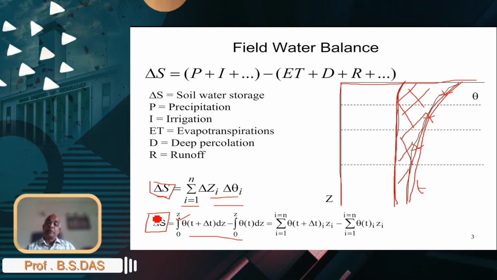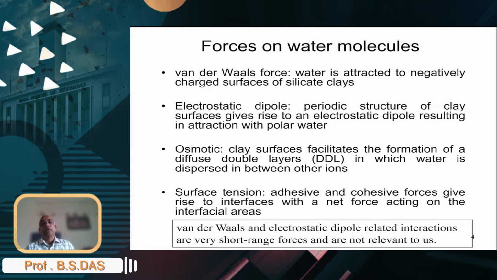That means there must be some kind of an attractive force between the water and the soil, so that soil is able to really hold the water, and gravity almost fails to drain that water instantaneously, as you would assume if you put water in a pipe and then take out the pipe, of course the water is going to drain out very quickly, whereas in soils, something really holds the water.